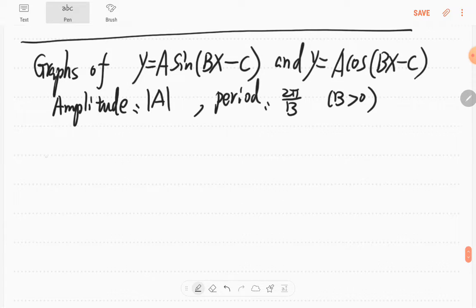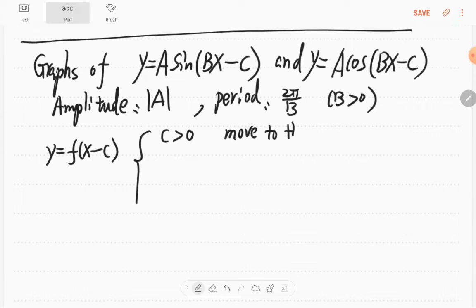So just a quick review: y equals f of x minus c. We have two cases. If c is greater than 0, move to the right c units.